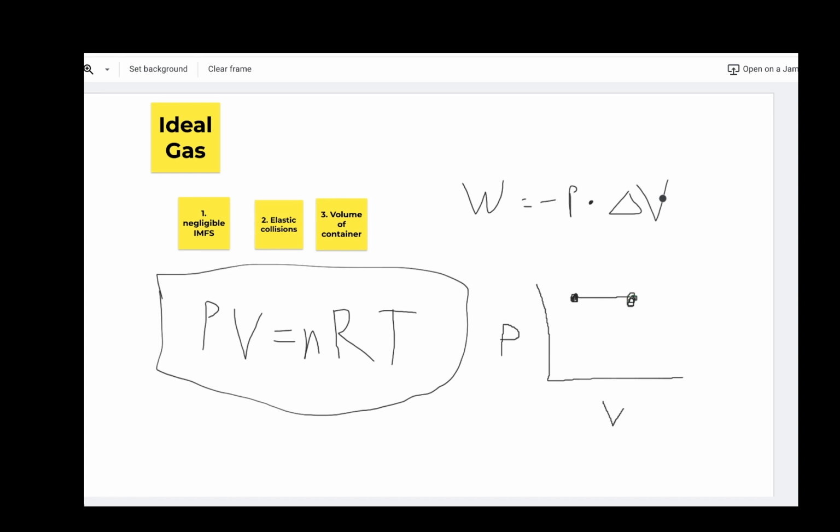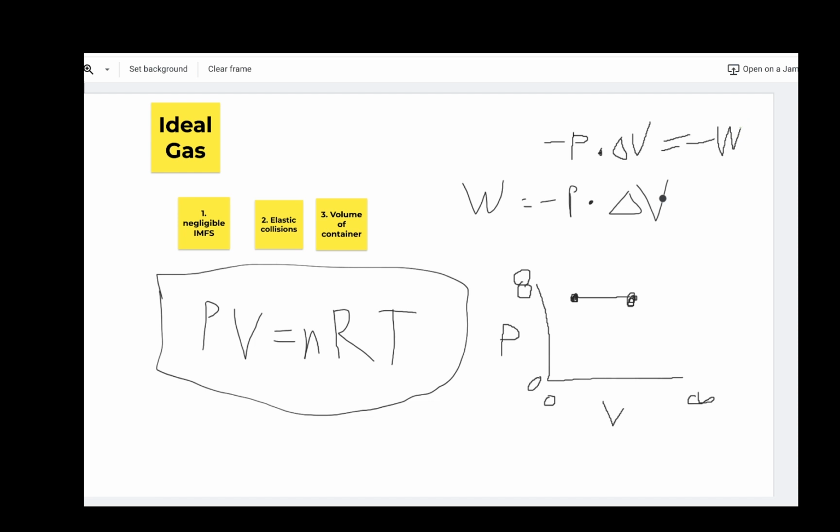Here pressure is positive, so it would be negative pressure, multiplied by a change in volume. The change in volume is positive because volume is increasing, from 0 to some other numbers, left to right. So there's a positive change in volume, which means there's negative work being done.